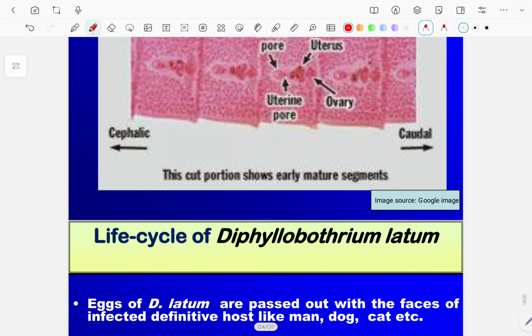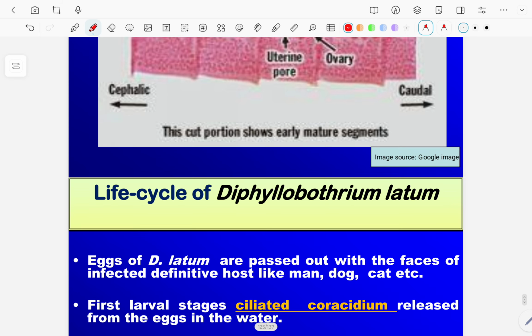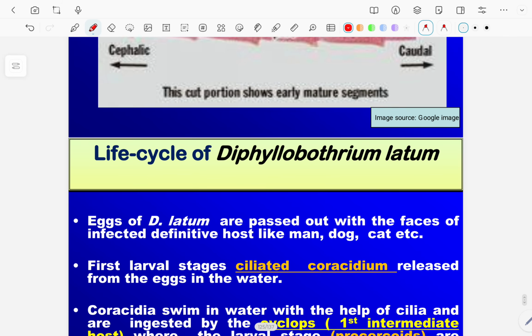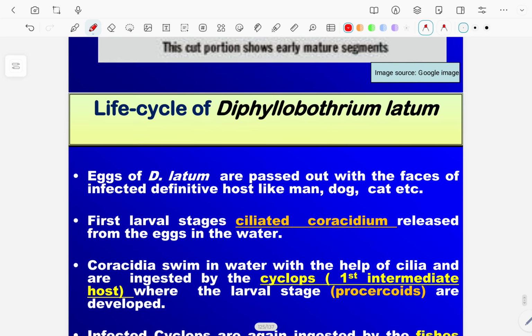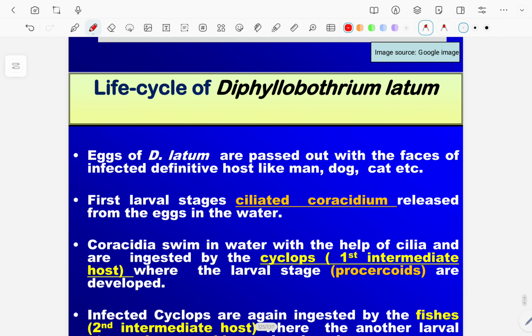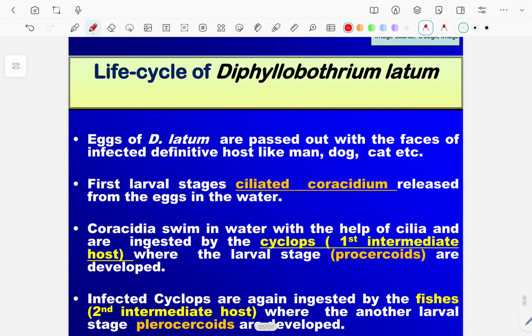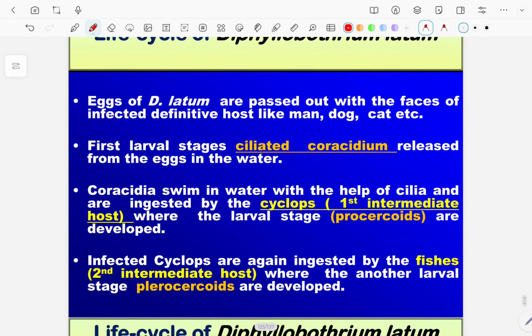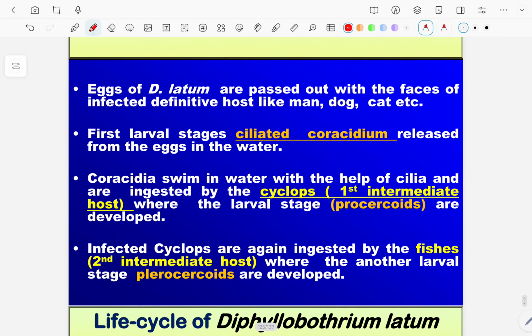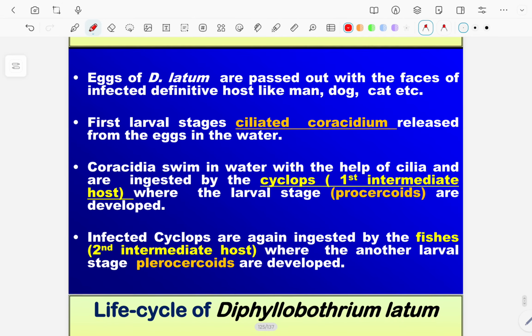Life cycle of Diphyllobothrium latum. Eggs of D. latum are passed out with the feces of the infected definitive host like man, dog, cat, etc. The first larval stage, the ciliated coracidium, is released from the egg in the water.